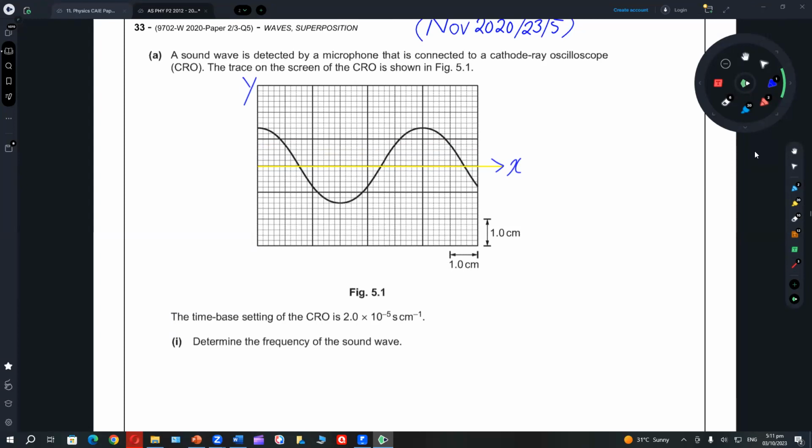So how do we find the frequency? We should find the time period. When we want to find the frequency, we should find the time period, and the time period is then converted to frequency.